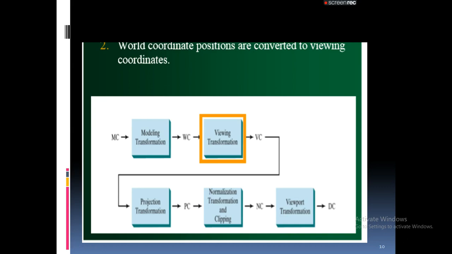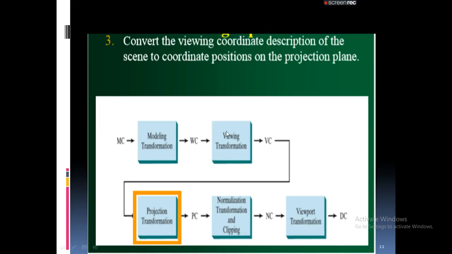Now we need to map world coordinates to viewing coordinates in the three-dimensional viewing pipeline also. Once you map world coordinates to viewing coordinates, step 3 says to convert the viewing coordinate description of the image to coordinate positions on the projection plane.